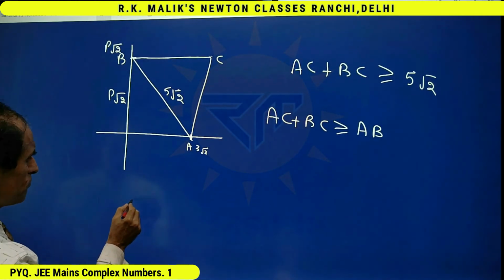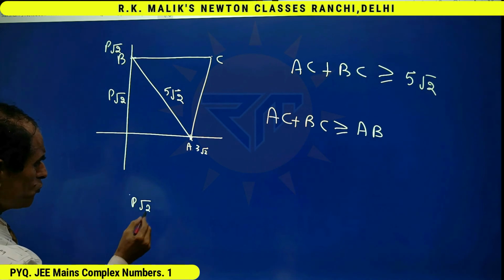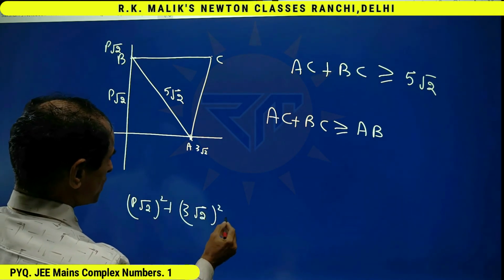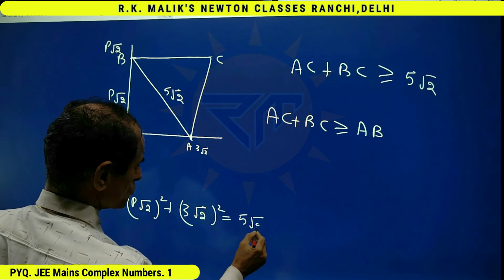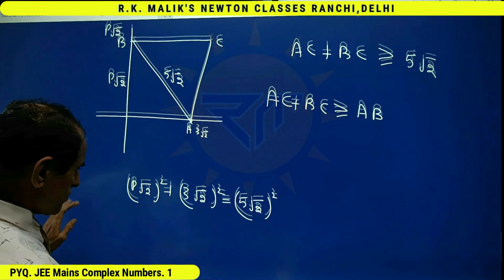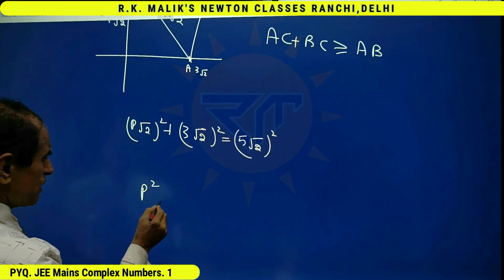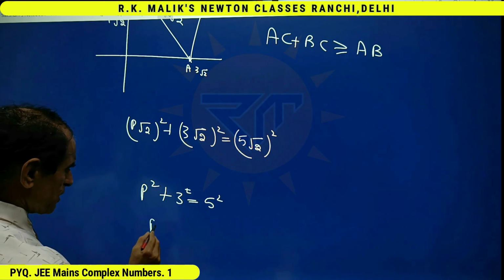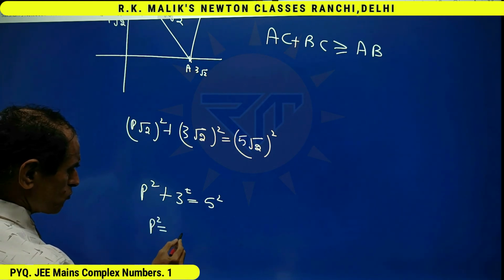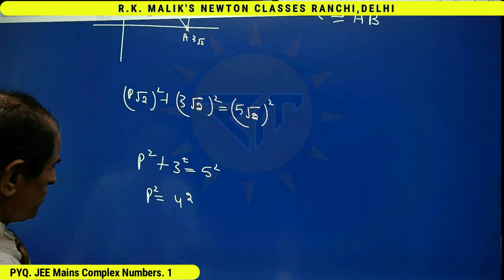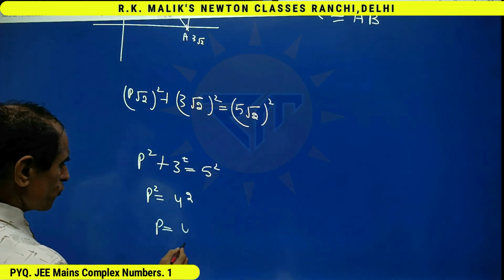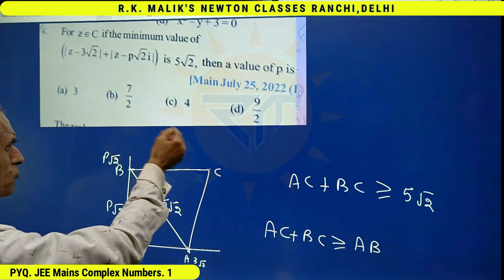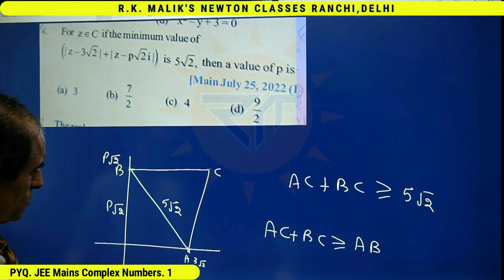Hence, I can say P root 2 square plus 3 root 2 square equal to 5 root 2 square. That is P square plus 3 square equal to 5 square. That is P square equal to 4 square. That is the value of P is 4 or minus 4. Hence, out of these choices, C becomes the correct choice.